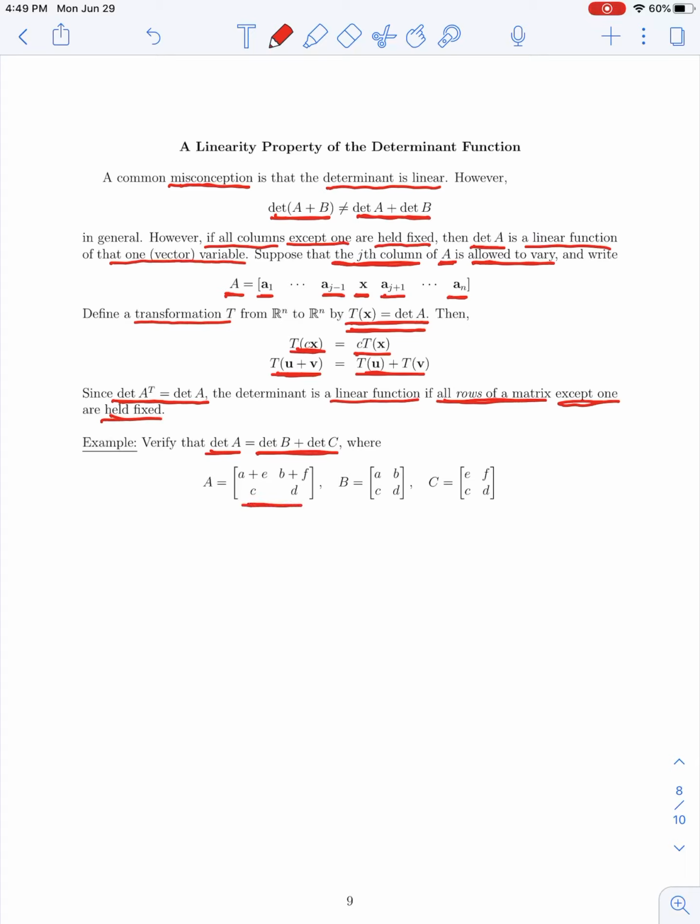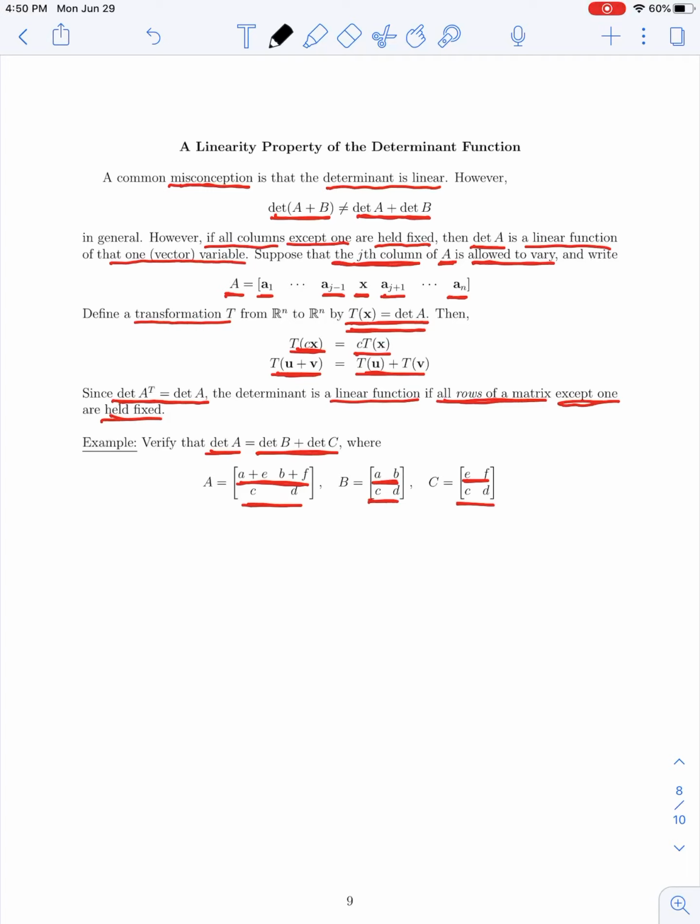So notice that the second row for all three of these matrices is identical, C D. So only one row is being altered. And here the first row of A is the sum of the first rows of B and C. So we want to verify that that linearity property for the sum holds true here.